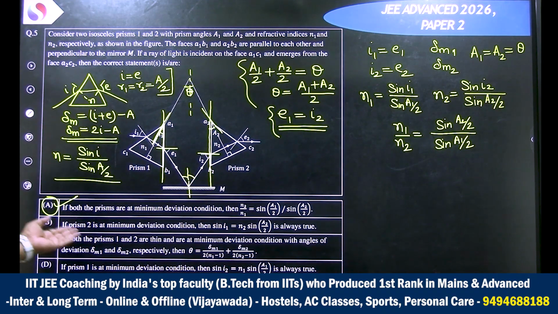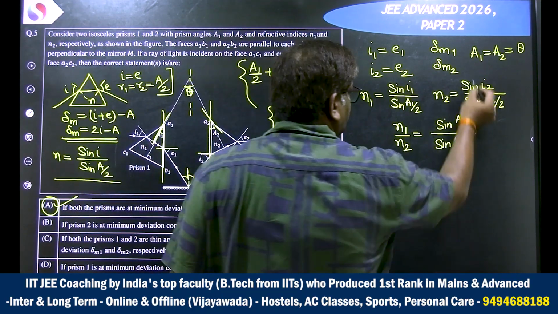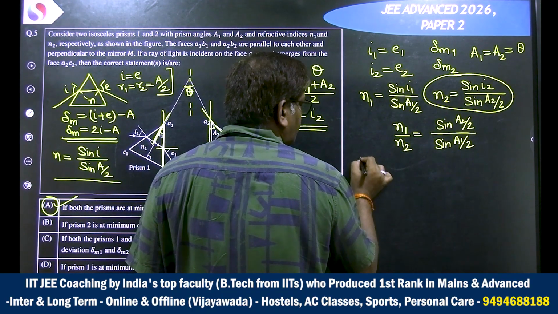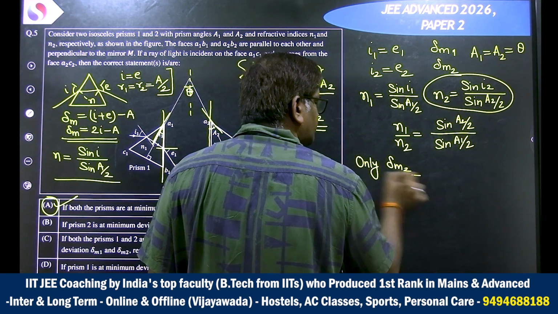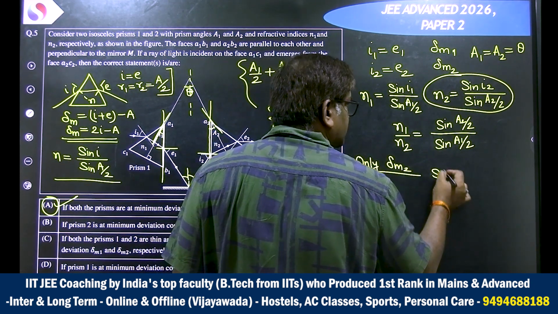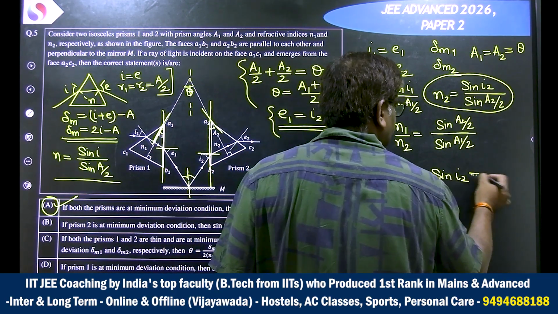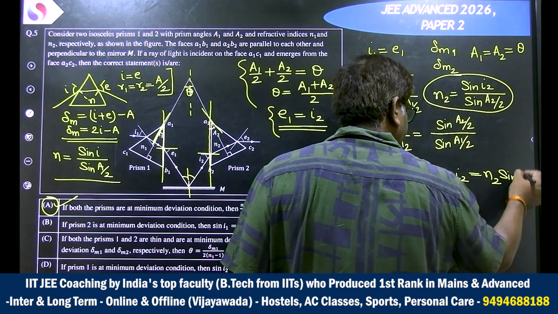Next, if prism 2 is having the minimum deviation condition, so if only 2 is having the minimum deviation, that means only minimum deviation at 2, then we can only say that sine of I2 is equal to N2 into sine of A2 by 2.